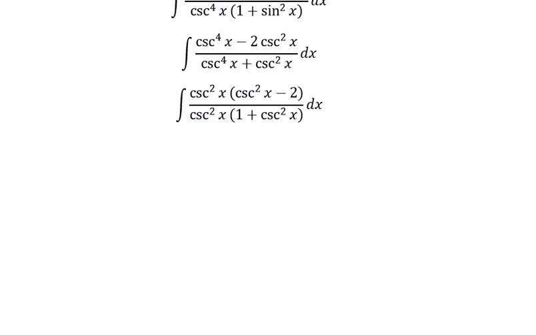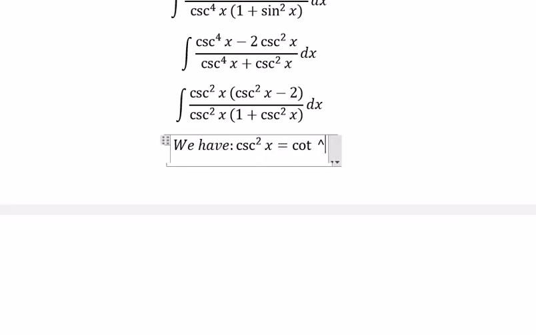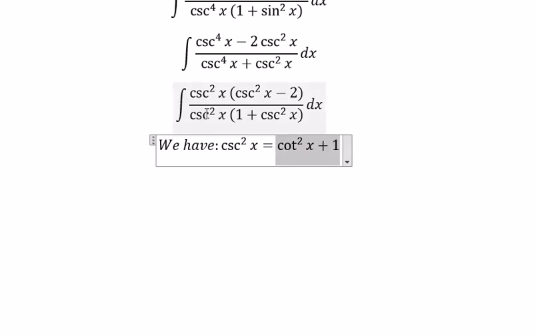Next, we have cosecant of x to the power of 2 equal to cotangent x to the power of 2 plus 1. So we change this one in here, here and here.